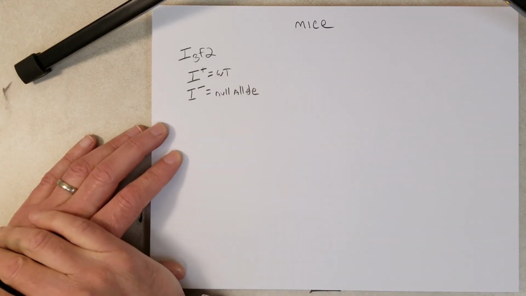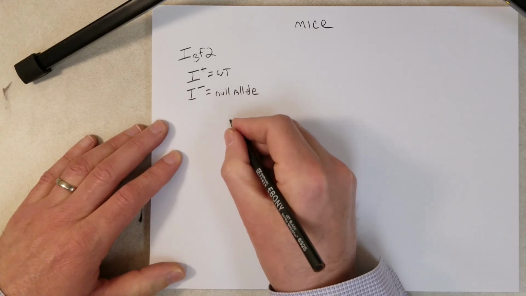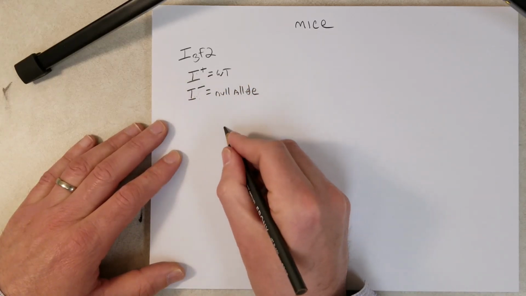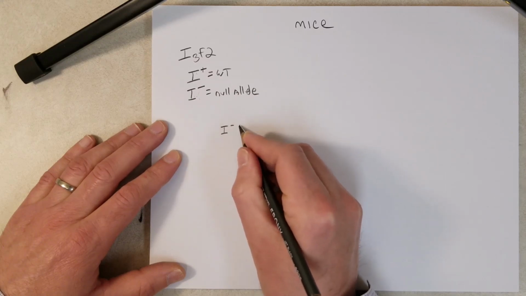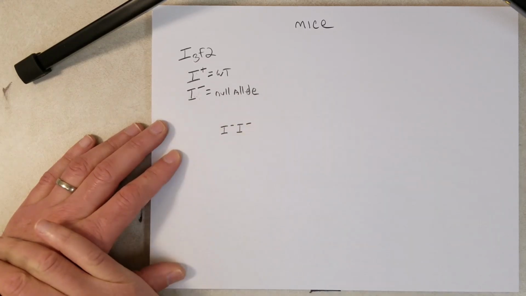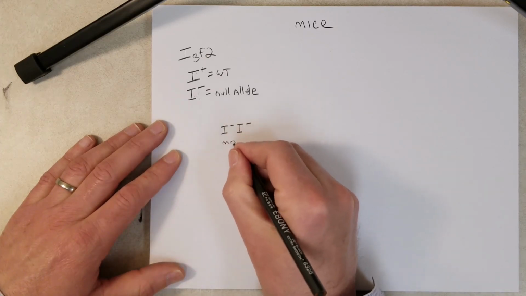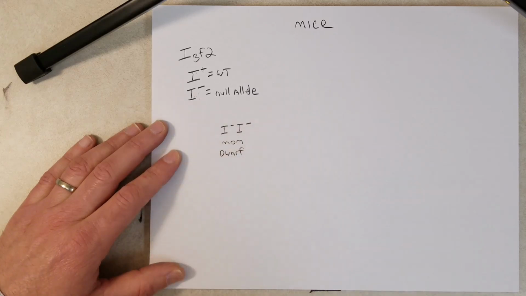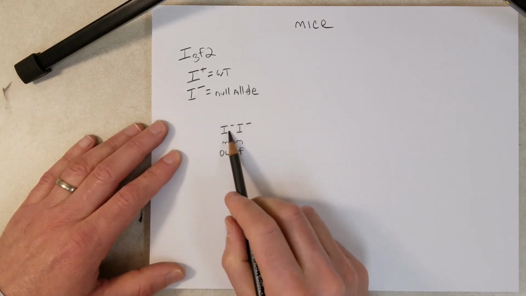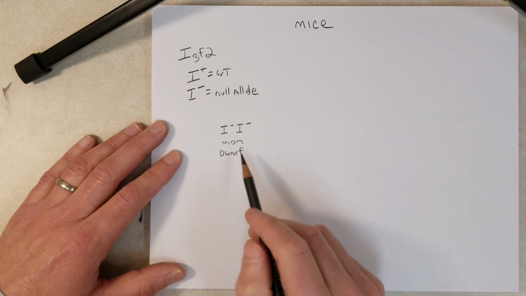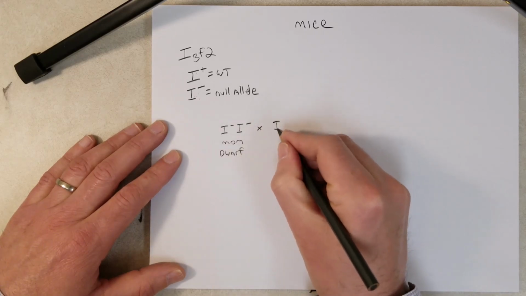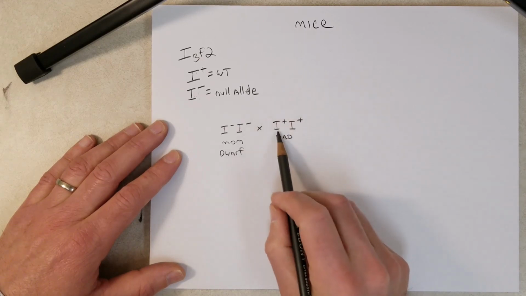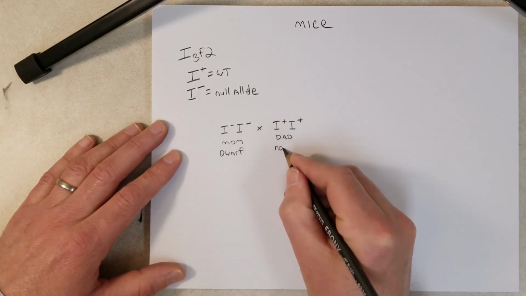And something interesting happens here when we do crosses with mice with these two alleles. So let's say we have a mom that is homozygous I minus. When a mouse is homozygous null like this, they have a dwarf phenotype. So here is a dad, homozygous wild type, which has the normal phenotype.